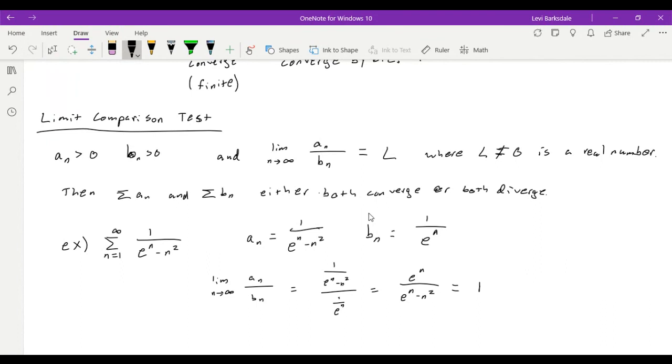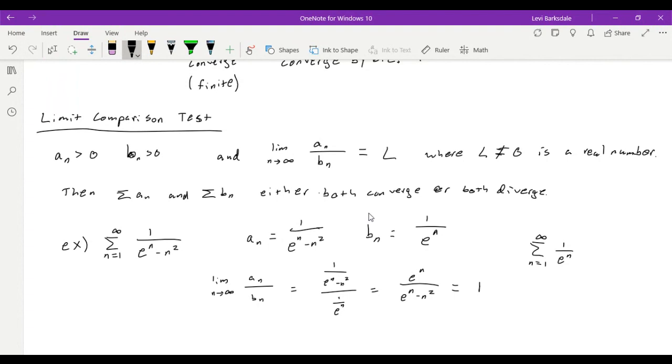then we know that the sum from n equals 1 to infinity of 1 over e to the n has the same convergence as our original series.